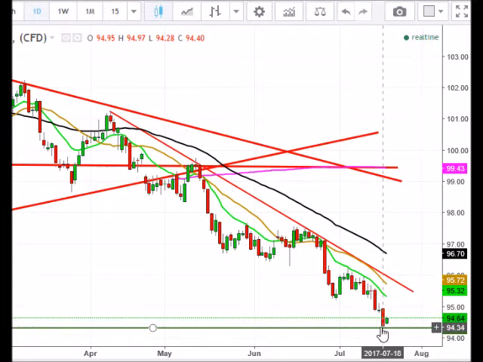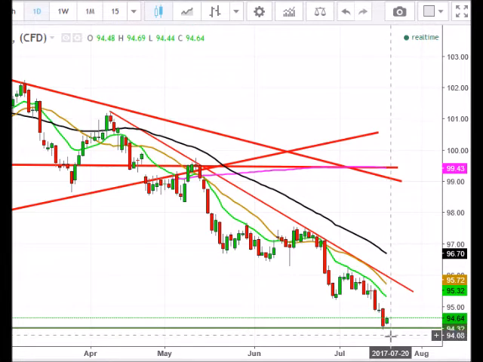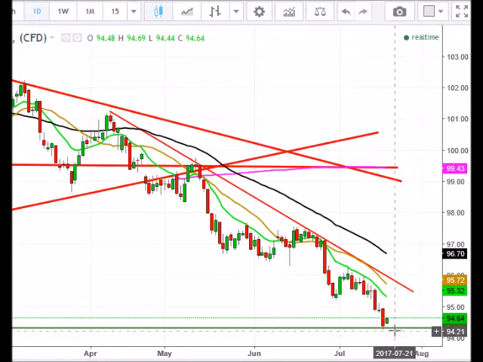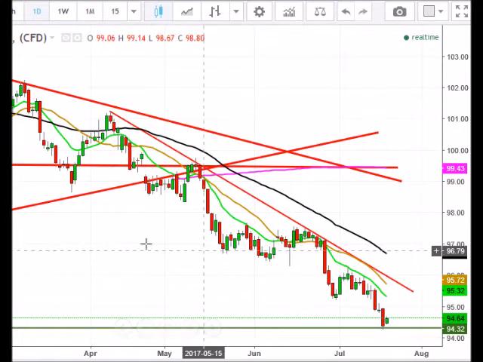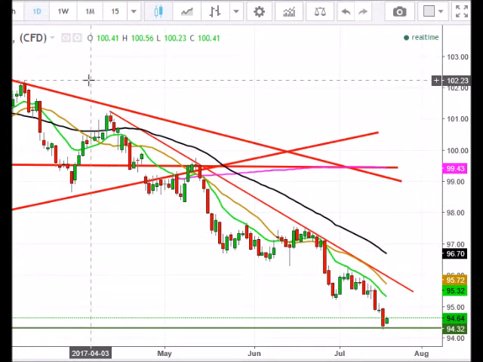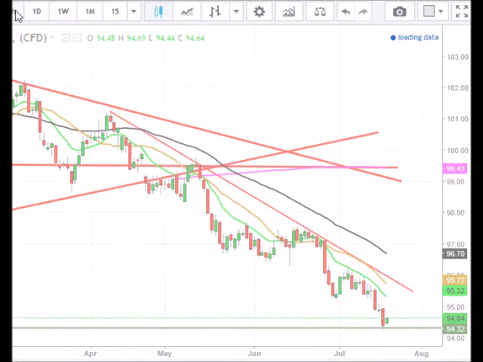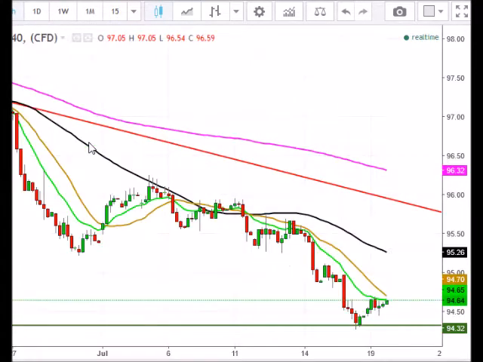We did come across a level to watch as support, though I was looking for 94 even. I still expect that maybe we could see a little bit further of a drop. It's definitely not out of the realm of possibility. But for right now, we are definitely nearing the bottom, so that is always time to take a pause for caution and evaluate what you're doing and what the security that you're trading is doing.